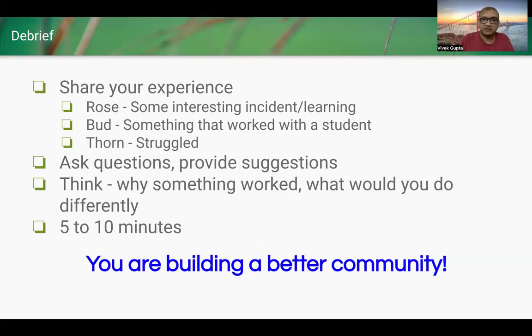So think about it that way, and do the debriefing. It shouldn't take more than 5 to 10 minutes with your whole team. Think that you're building a better community as part of this, but you're actually gaining a lot for yourself.